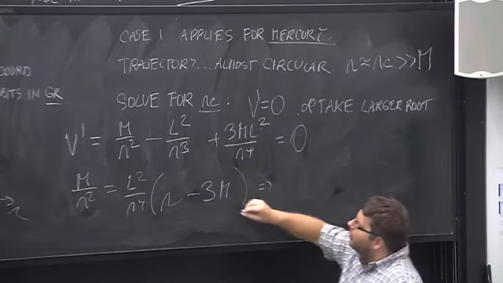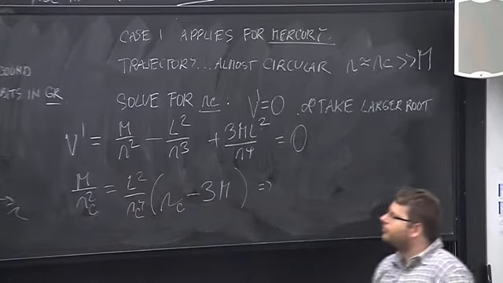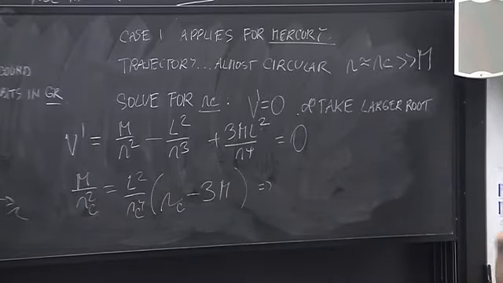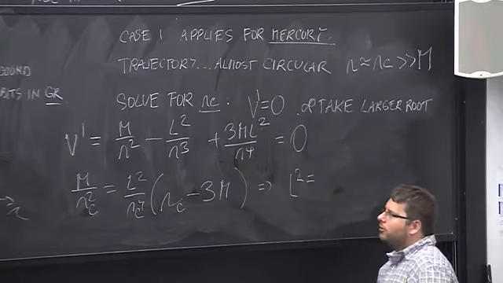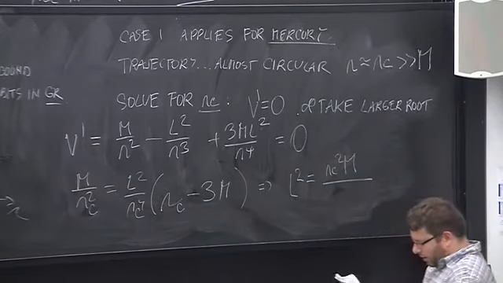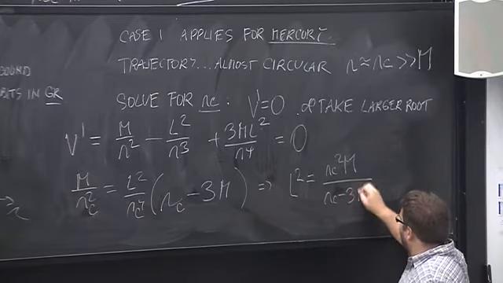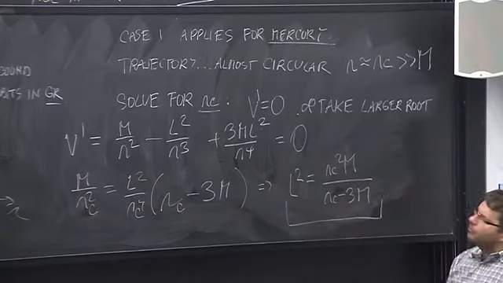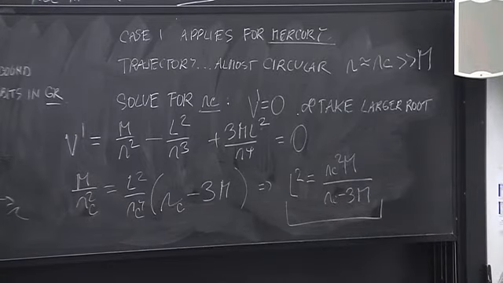So from here, of course, this is at r circular now, we see that L squared equals RC squared M divided by RC minus 3M. We just solved for the corresponding angular momentum in terms of the circular RC.